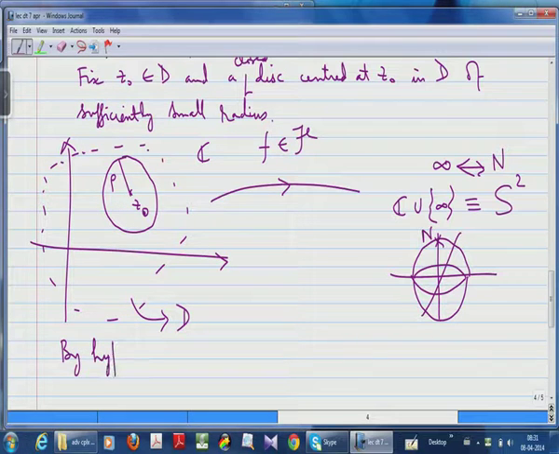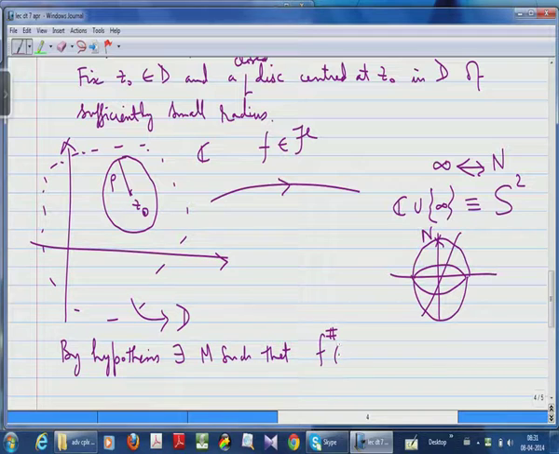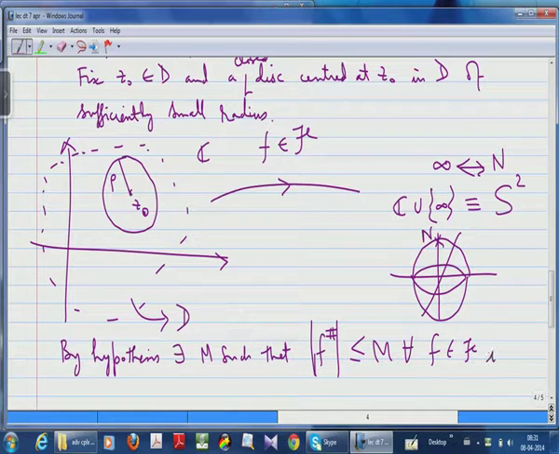By hypothesis of normal uniform boundedness of the family script F, there exists an M such that all the spherical derivatives in the family are bounded by M, for mod Z minus Z0 less than or equal to rho. This is just the uniform boundedness of the spherical derivatives restricted to this compact subset given by this disk.